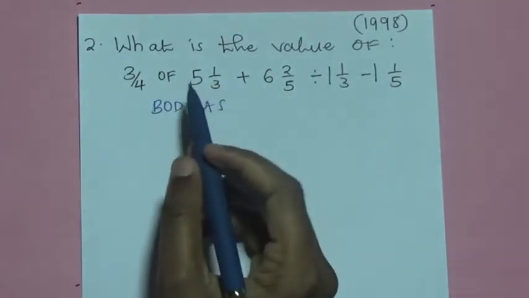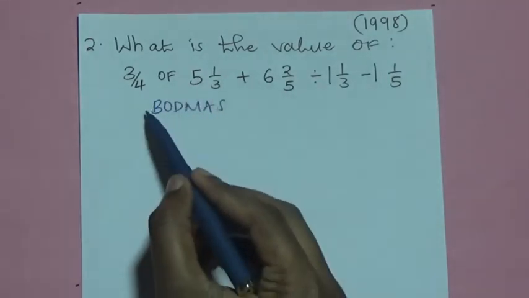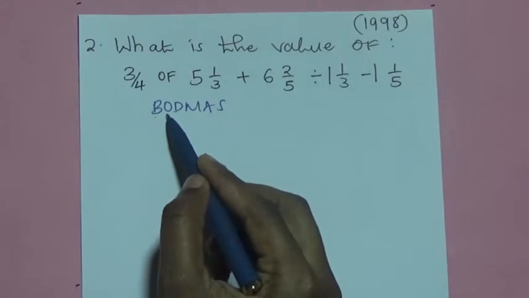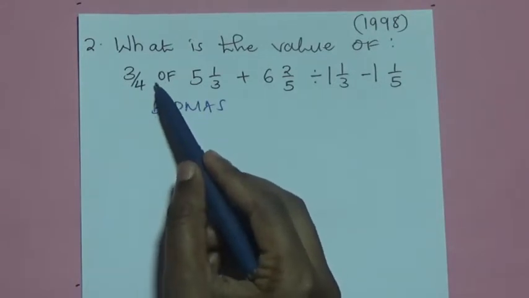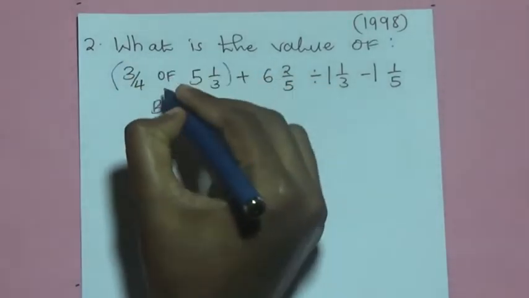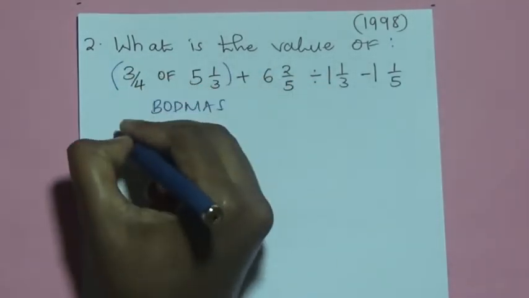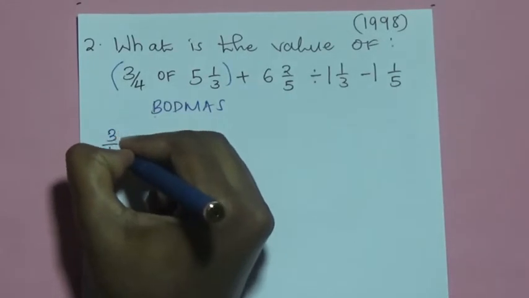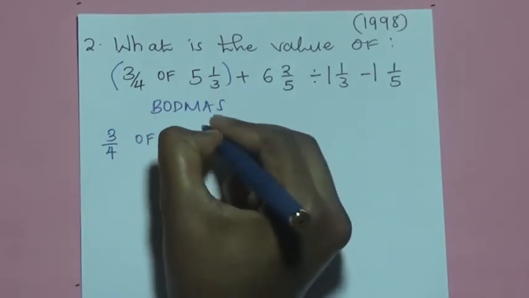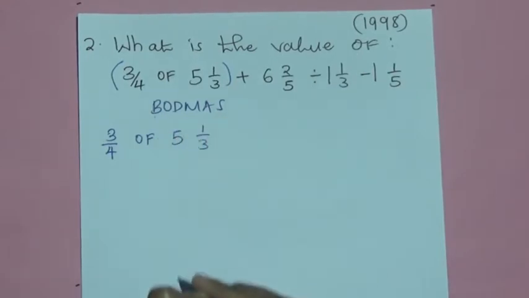Okay, now in this question we don't have brackets, therefore we go to the next one, which is "of". We can see that we have "of" here, so we are going to work this out first. So we have 3 over 4 of 5 and a third.